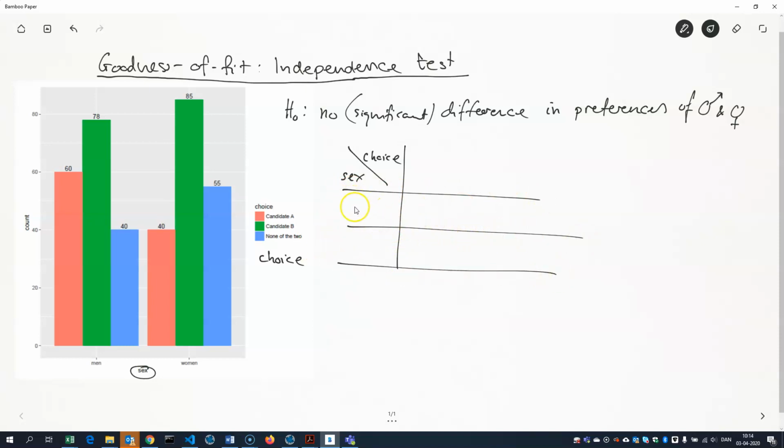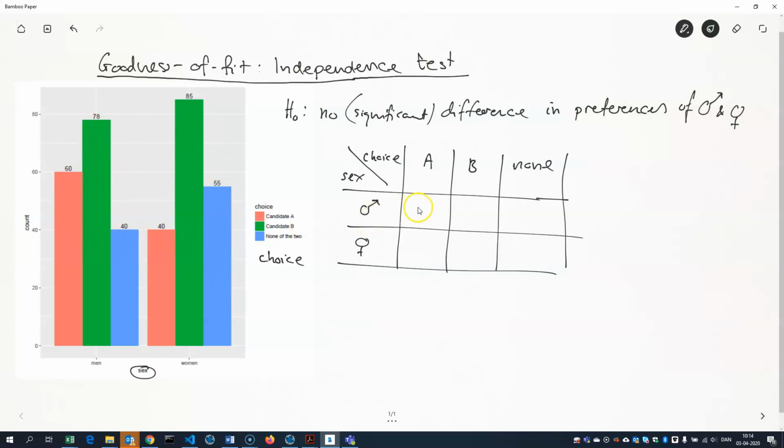You have the choice to be a man or a woman, and you can choose between candidate A, B, or none of the two. And that's why we have 6 observations here, 6 counts.